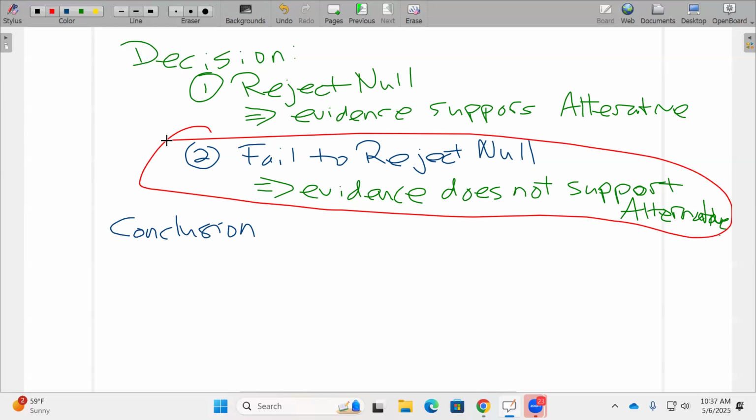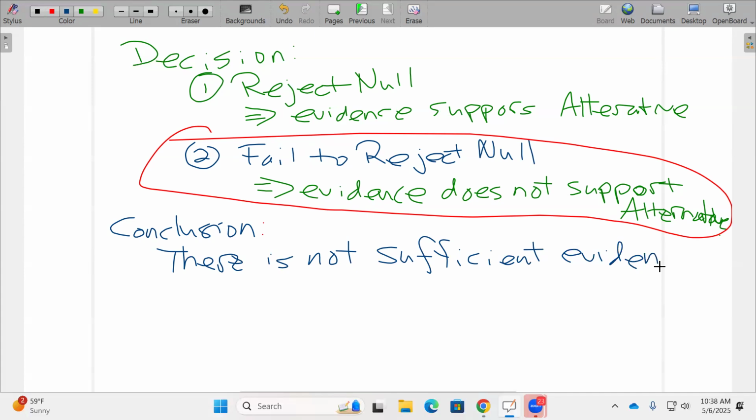And we don't have evidence that college students have a different water footprint than the average adult in the US. So my conclusion would look something like this. There is not sufficient evidence to support the claim.